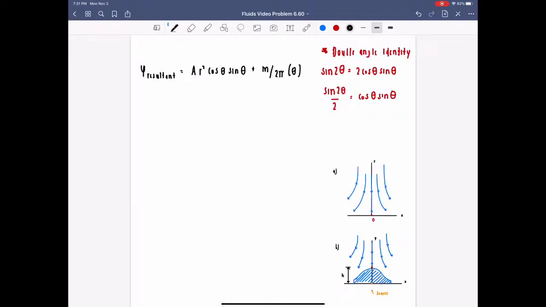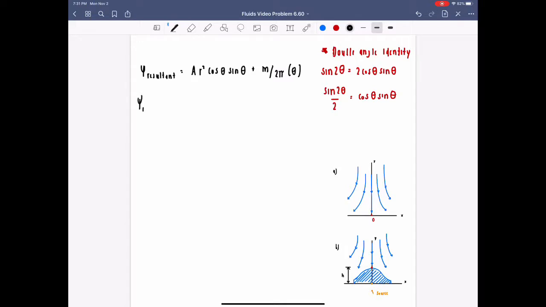So now that we have this relationship, you can simplify further by simply dividing by 2, in which we will be able to replace the entire cosine theta sine theta with just sine of 2 theta by including a 1/2. So that would look like this.